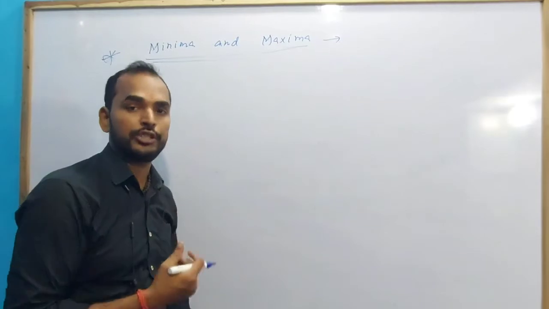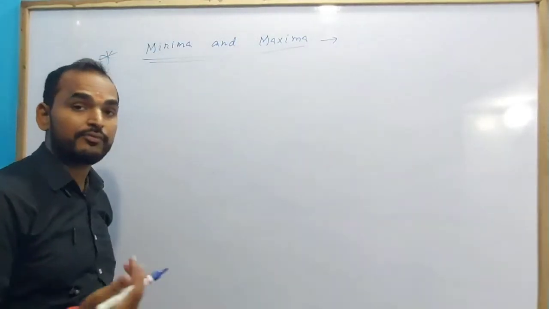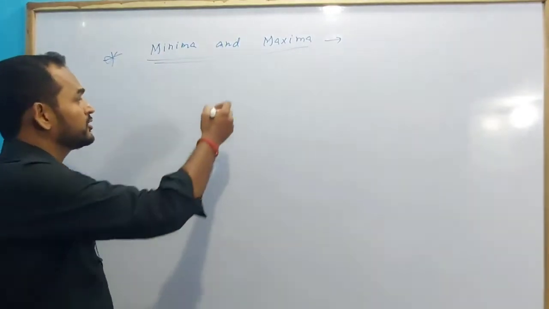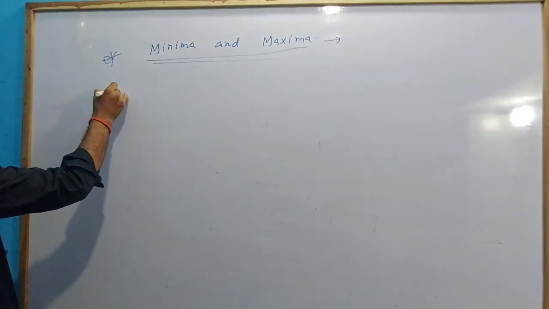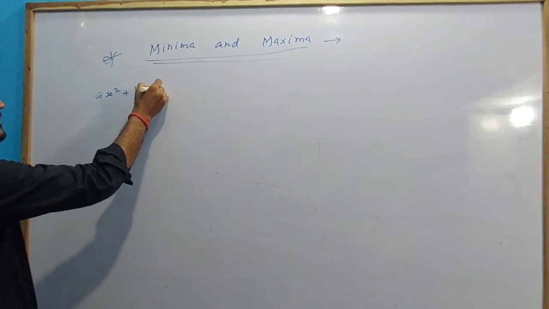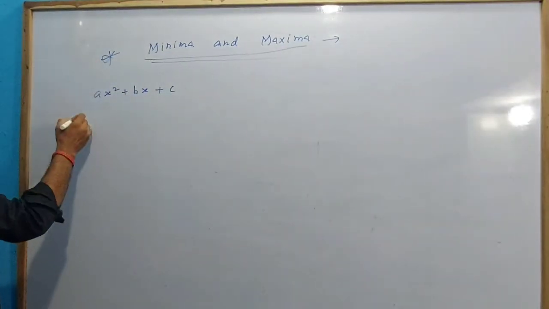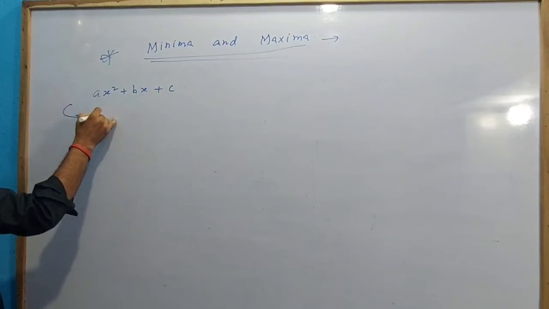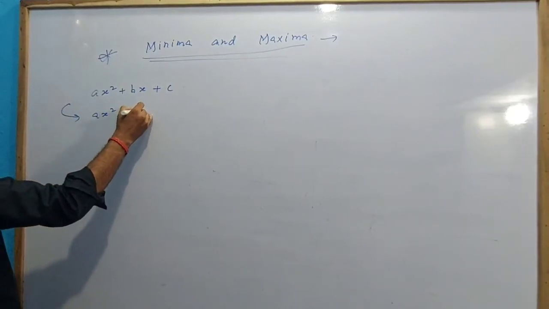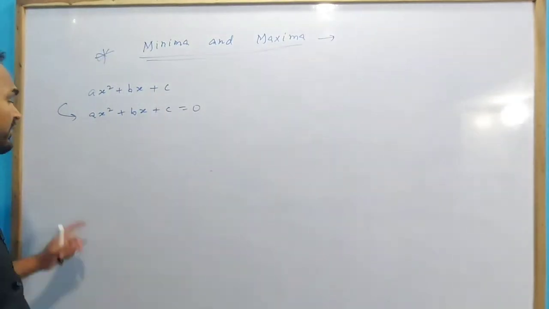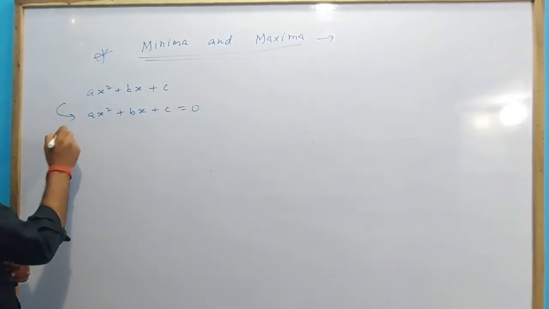Graphically, I want to teach you because the graphical method is very easy to understand and decode. So let's suppose ax square plus bx plus c is a quadratic expression and its corresponding equation is ax square plus bx plus c equal to 0. Now we have to consider two things.